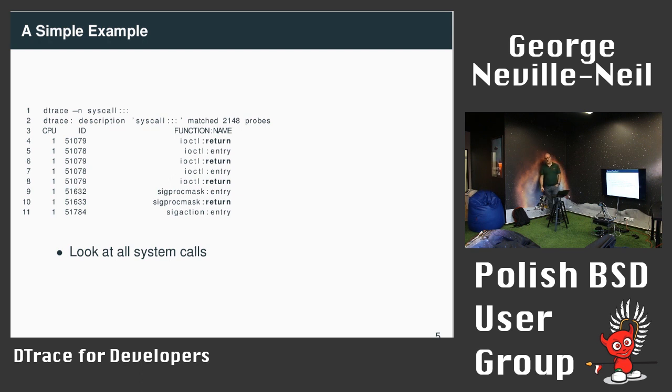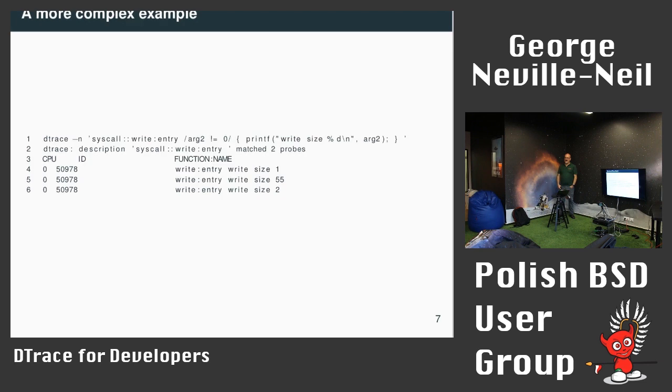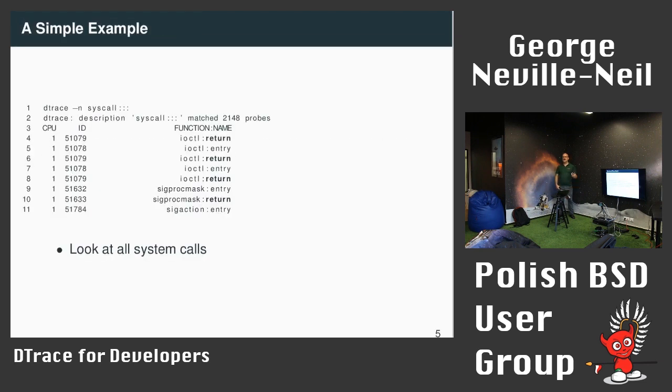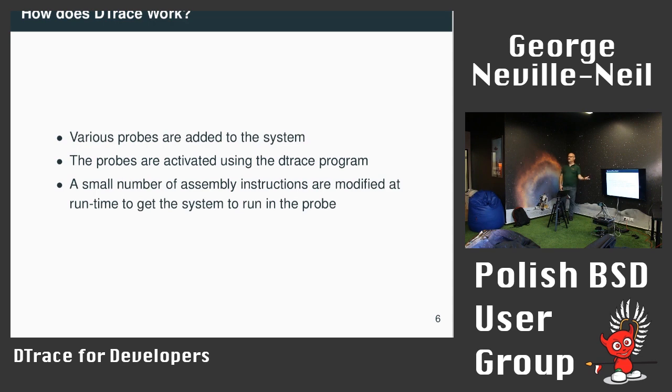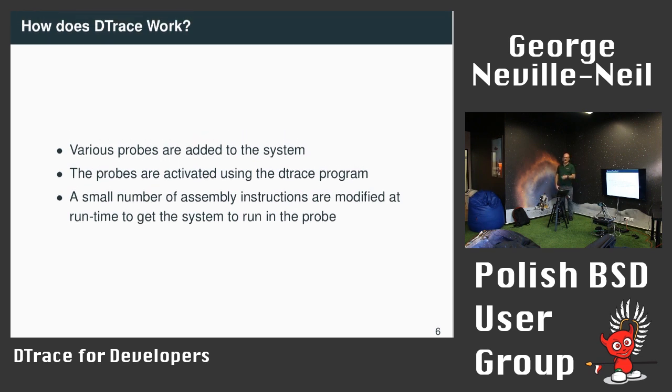So how does DTrace work? When the kernel or an application or any other piece of software on the system is built, there's a tool that takes the object files from your compiled C or C++, looks at the object file and finds where all of the function entry and exit points are, and then it creates a new section in the object file and adds probes to the system, so that when you activate DTrace and you say something like, tell me about this particular function, the kernel can actually figure out where that's supposed to be, and then they're activated using the DTrace program.